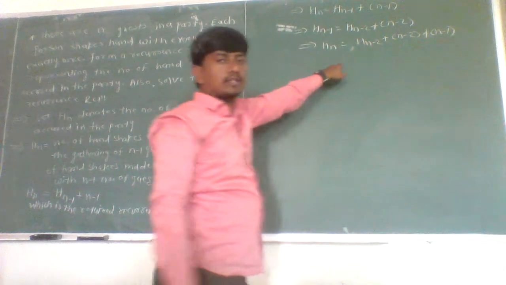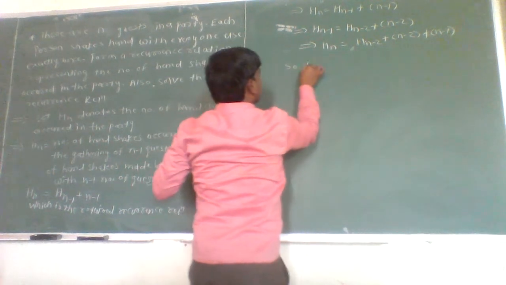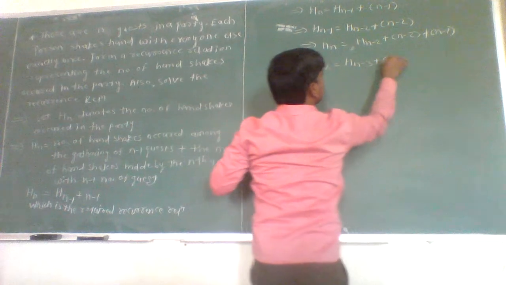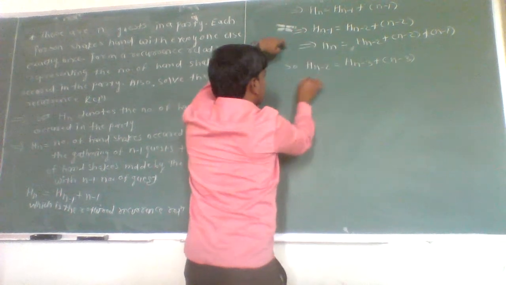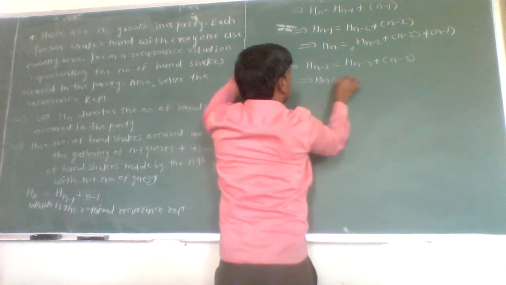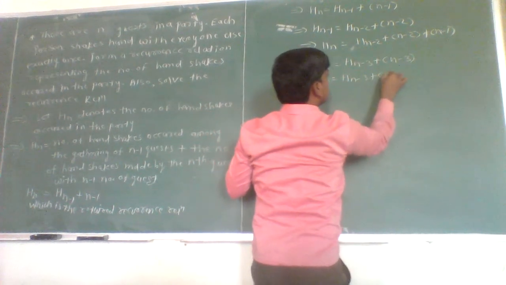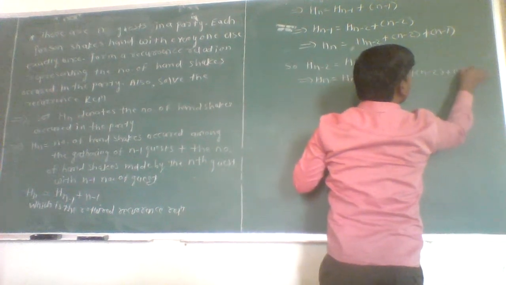Now we have to find the value of Hn minus 2. So Hn minus 2 is equal to Hn minus 3 plus n minus 3. Putting this again, Hn is Hn minus 3 plus n minus 3 plus n minus 2 plus n minus 1.